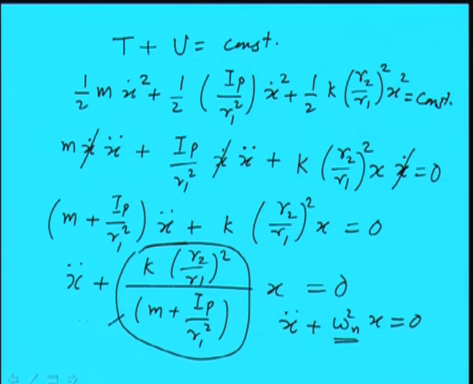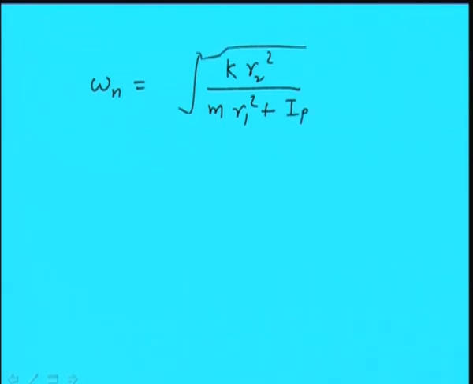This is the square of natural frequency. In simplified form, this natural frequency will take this form: k R2 square by (m R1 square plus IP). So this is the natural frequency of the previous system.